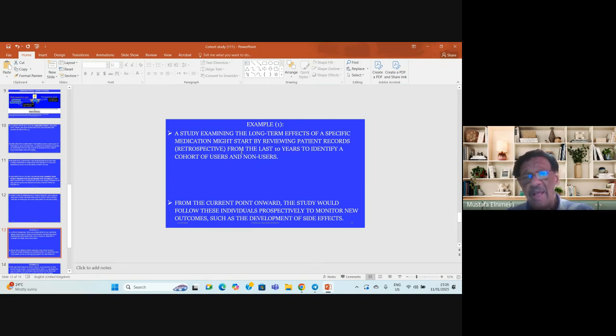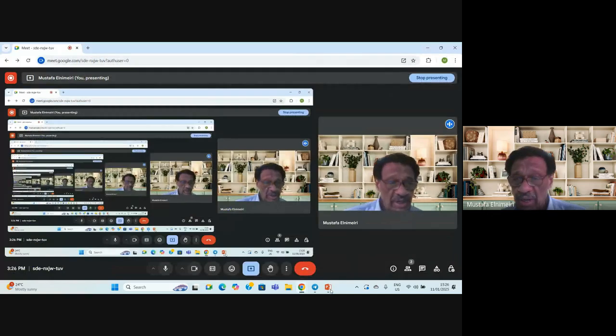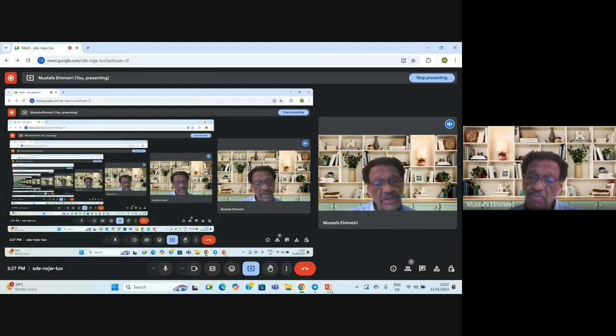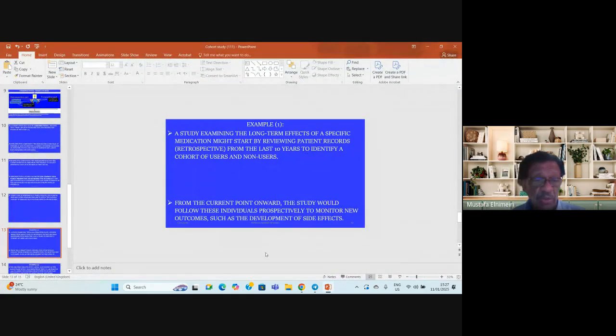We have the records, and then we subdivide the individuals into users and non-users. Then from the current point onward, the study would follow these individuals prospectively to monitor new outcomes, such as development of side effects or complications or anything else. This is a simple example of the retrospective prospective cohort study design.